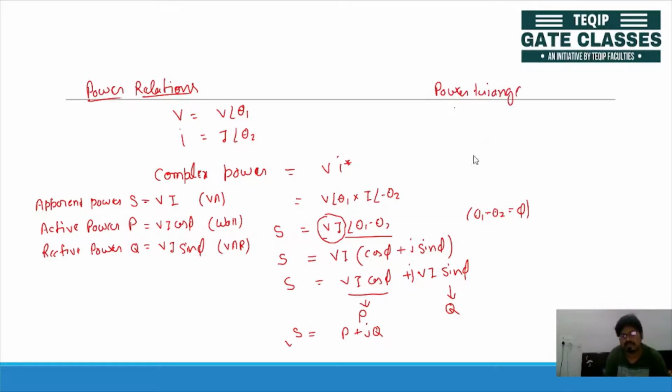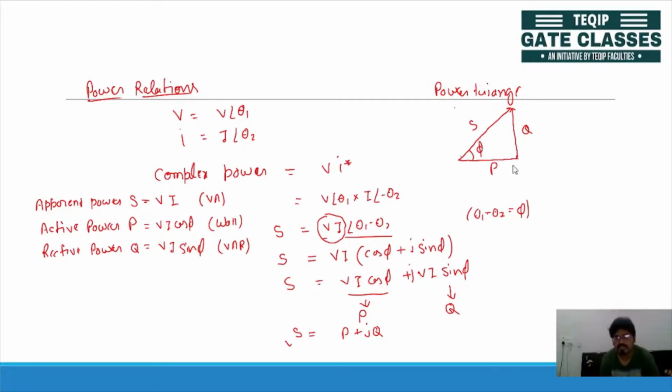So we can draw it like this: this is V I cos phi, that is your P, this is V I sin phi, that is your Q, and this is your apparent power S. This angle phi is the power factor angle, the phase difference between voltage and current.